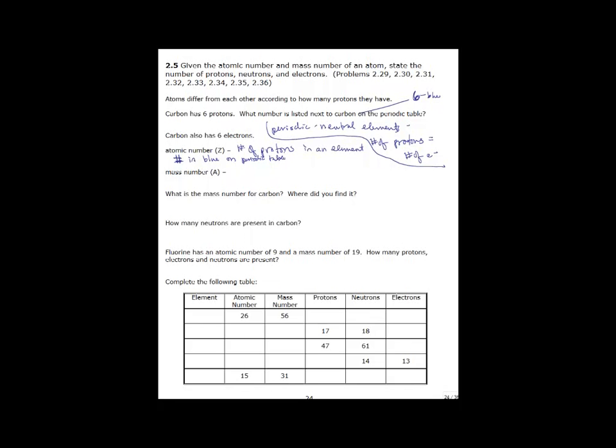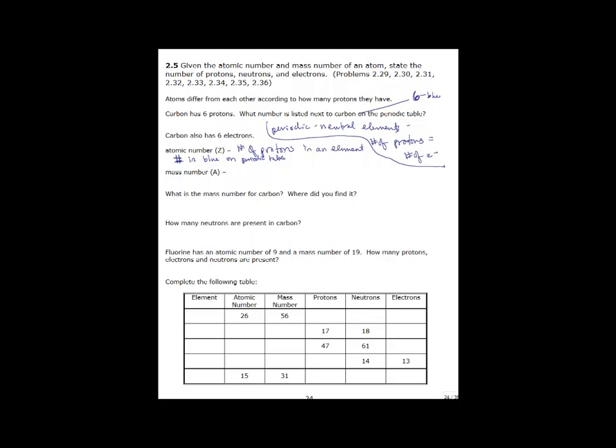Now, the mass number is the part of the atom that contributes to the mass. And if you remember when we learned about the subatomic particles, we learned about the proton, the neutron, and the electrons.